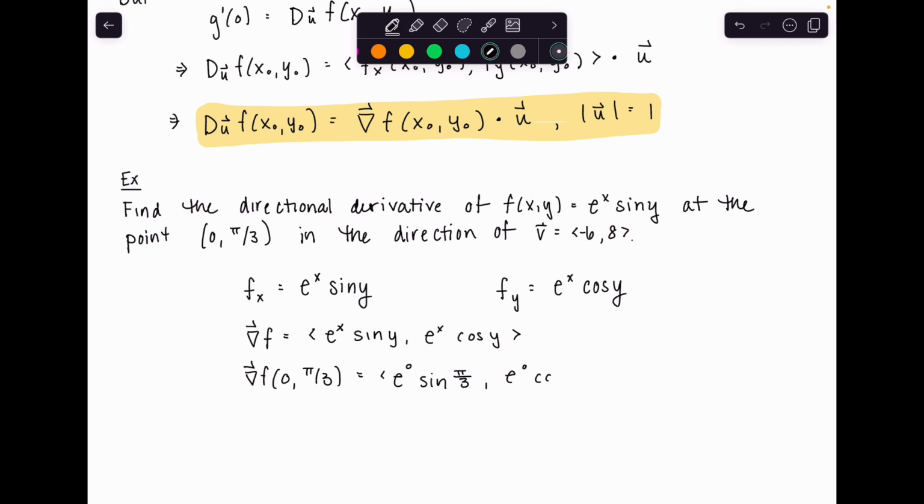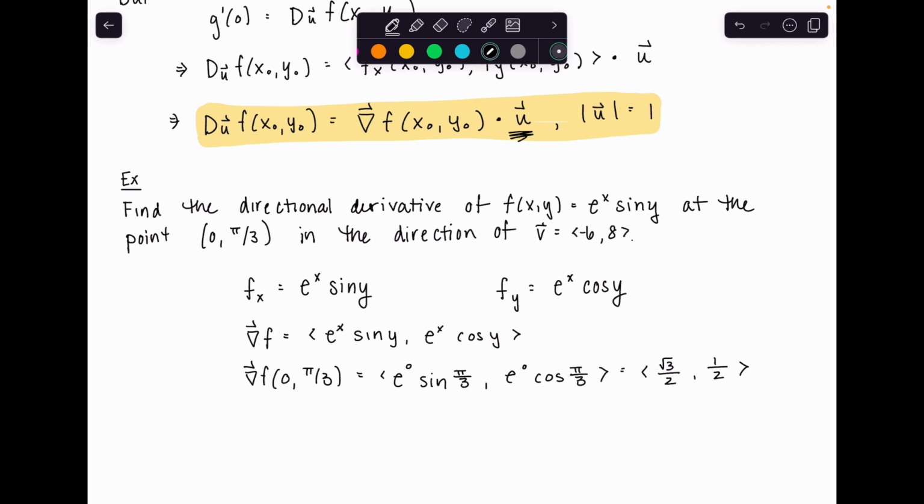So we end up with this vector. e to the 0 is 1. And if you think of pi over 3, that's your 60-degree angle. So sine of pi over 3 is going to end up being root 3 over 2. Cosine of pi over 3 is a half. So I have found this first component in calculating my directional derivative.